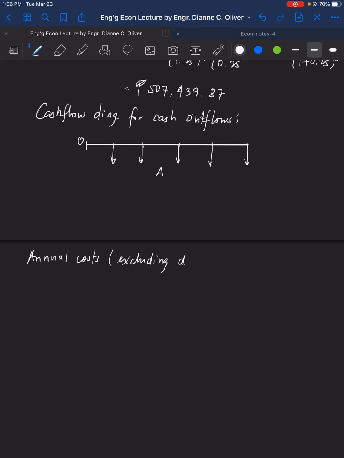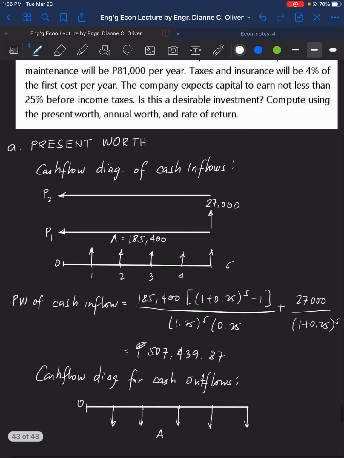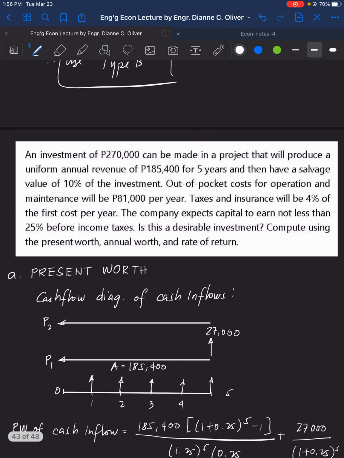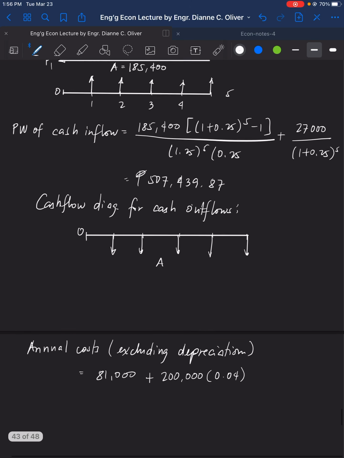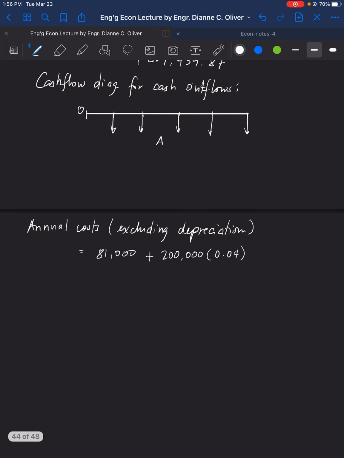So annual cost excluding depreciation is equal to 81,000 plus the first cost multiplied with the percent. Again, what is this 4% here? Taxes and insurance will be 4% of the first cost per year. So this is equal to 91,800.